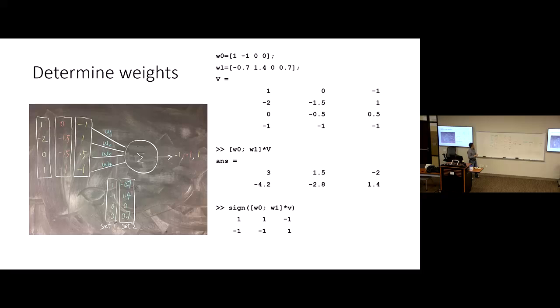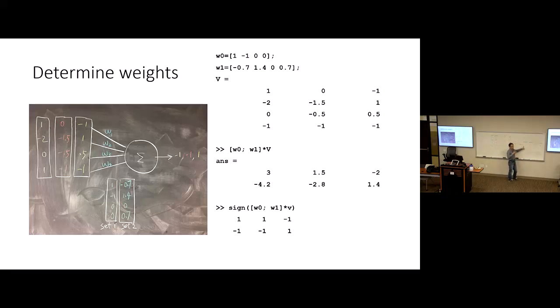You will realize in order to train this, you can take this matrix multiplied by this vector, and you will get the dot product between each of these training data and this weight matrix. And then you take the sign function.